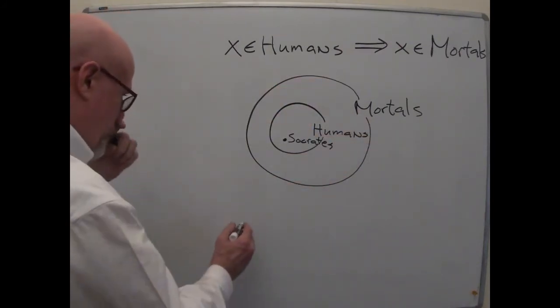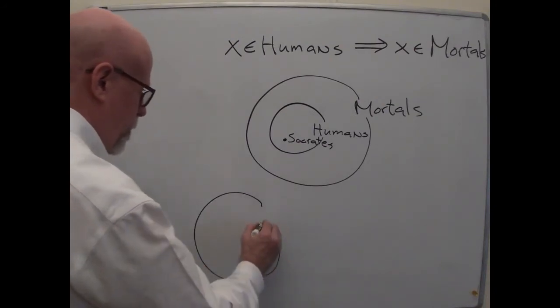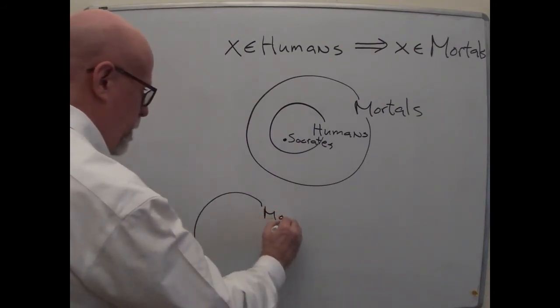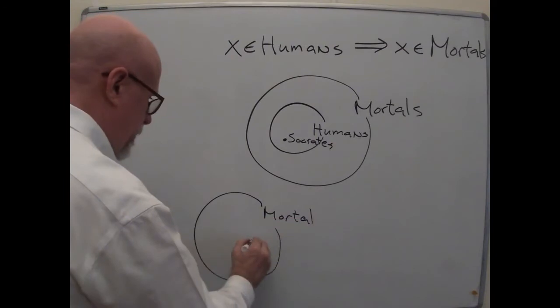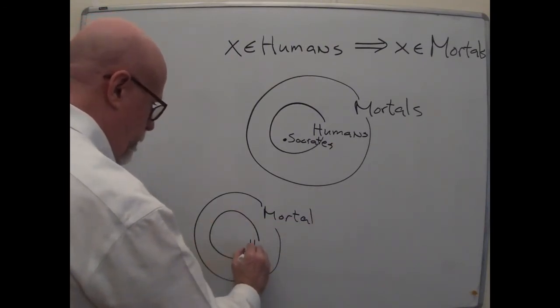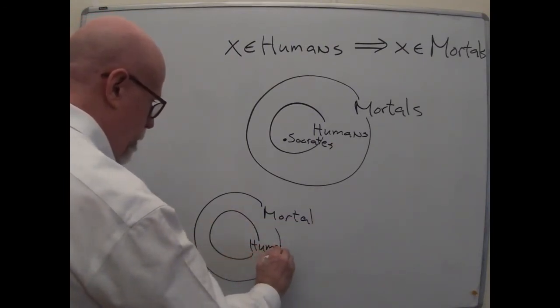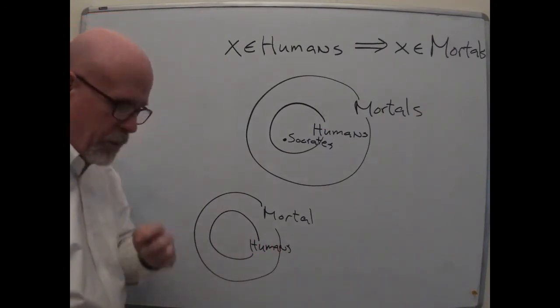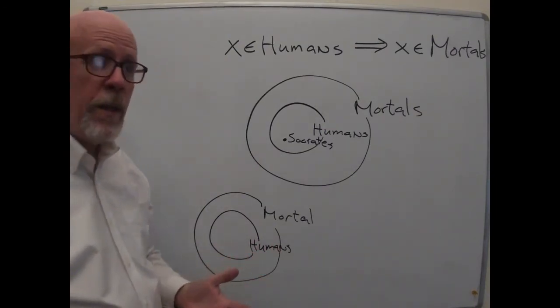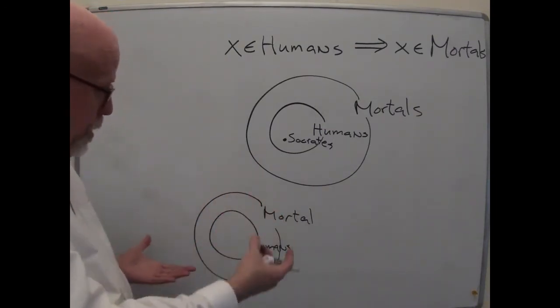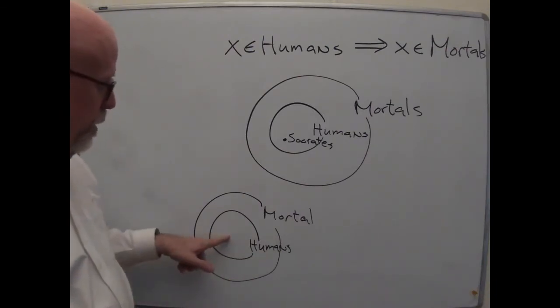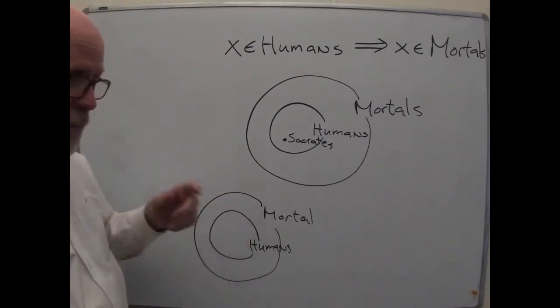We had a similar setup for the modus tollens argument, where again you have the mortals and the humans entirely contained within that collection. You remember the prototype for modus tollens was about Zeus? Where does Zeus lie in this picture? He's certainly not human. He's not even mortal. He's not something with a finite lifespan.